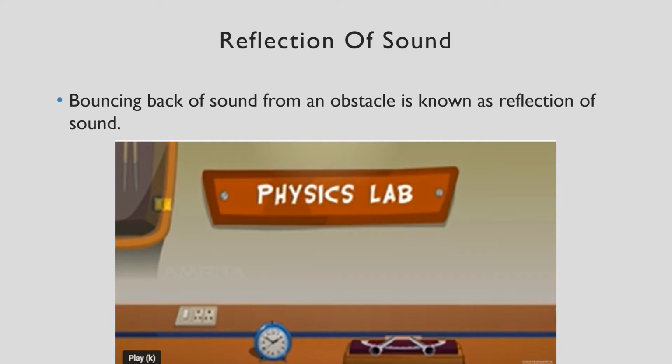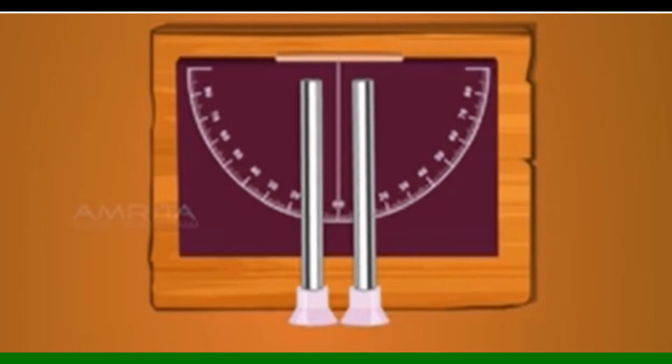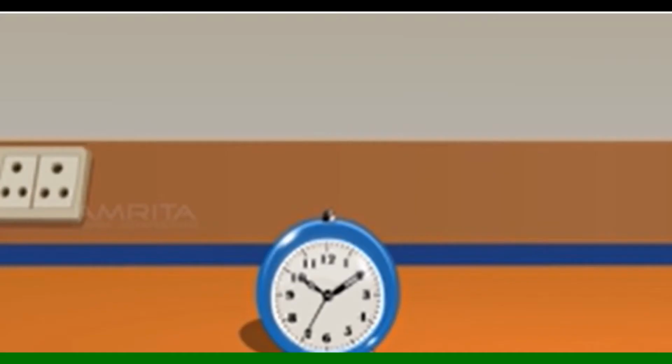So you have learned about the laws of reflection in the reflection of light. So here we are going to see whether this reflection of sound is also occurring by obeying the laws of reflection. So for testing that, you have to do a simple activity.